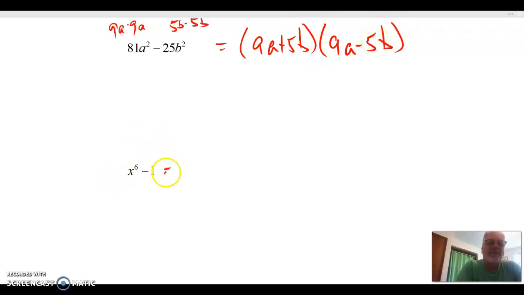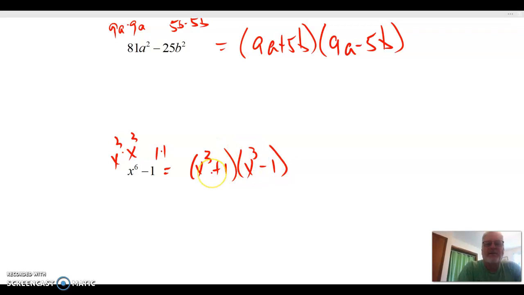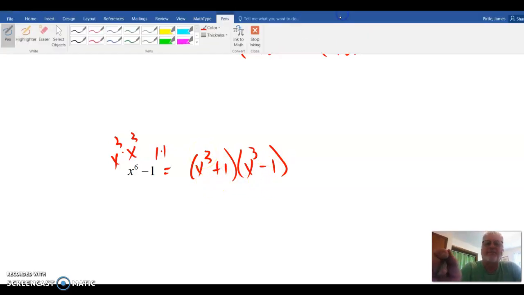This one is x to the third times x to the third. This one is 1 times 1. So it's going to be x to the third plus 1 and x to the third minus 1. And we're going to talk just a minute about how to factor a difference of cubes and a sum of cubes. But for now, I'm going to leave that one like it is.